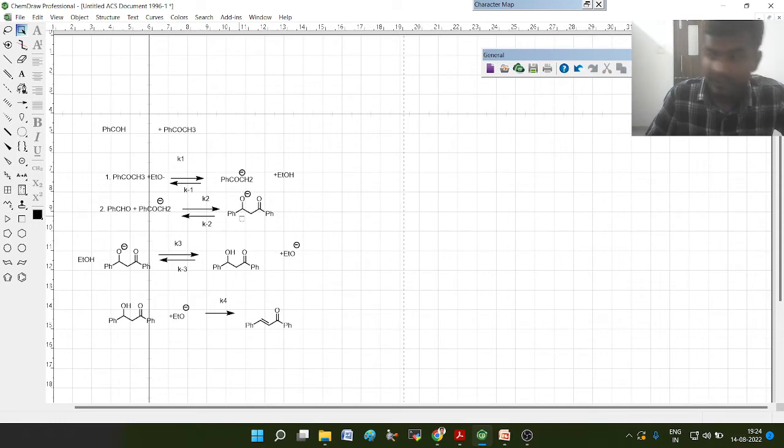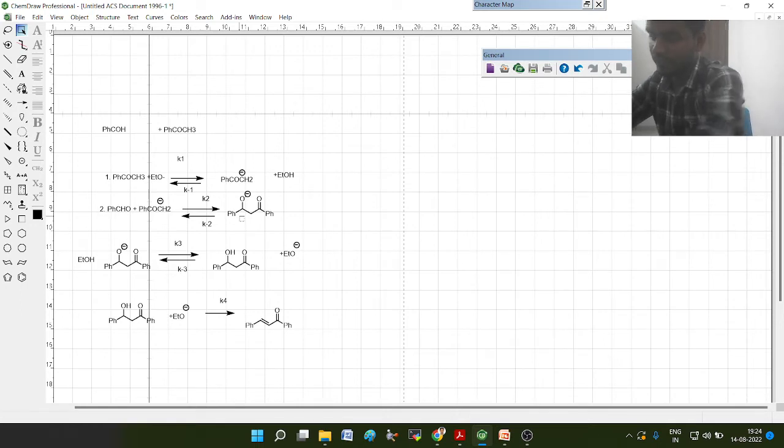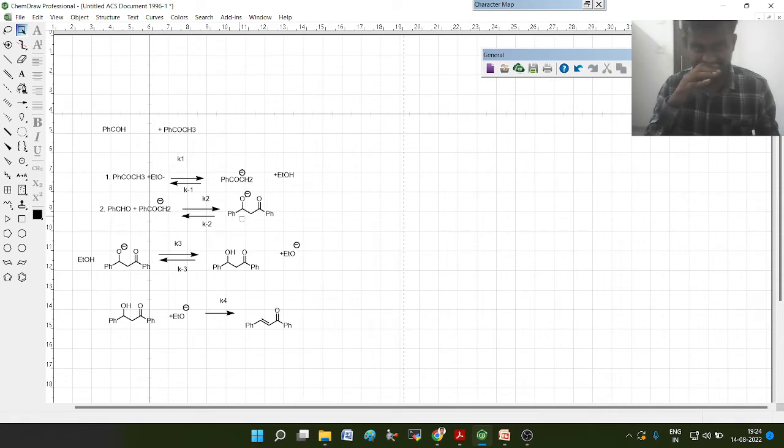Now, we currently don't know the rate expression, right? The rate expression, which is the rate determining step, that is our target. So we will assume different things. Imagine first case, situation 1, that K1 is the rate determining step.